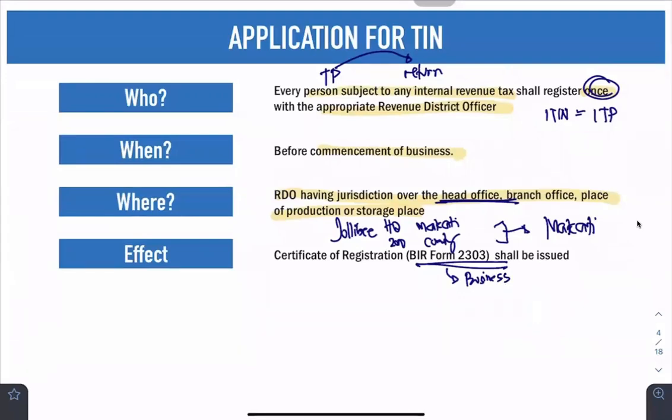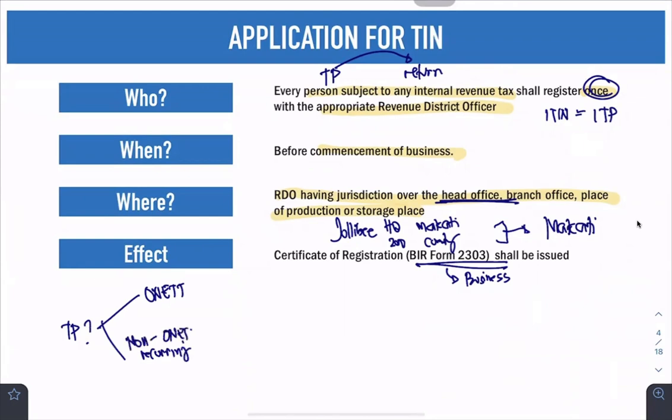So in short, initially we have here your taxpayer. We need to determine whether it is a one-time taxpayer or a recurring taxpayer, in short, non-ONET. If that is an ONET, you will apply for your registration using 1904. If that is non-ONET or recurring, you need to determine whether that is a business or an employee.